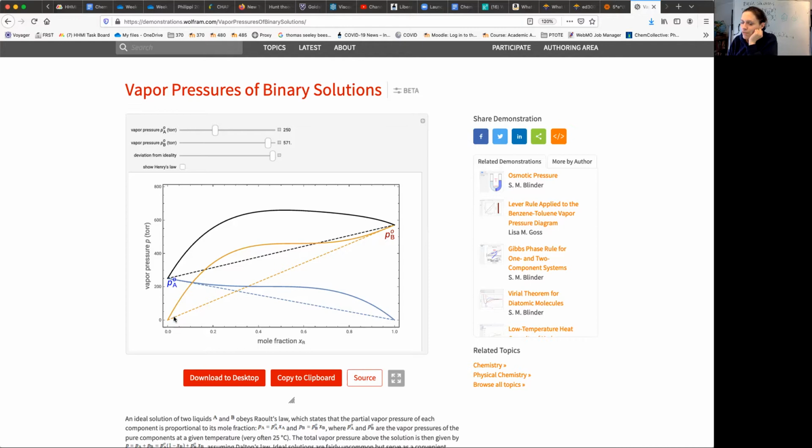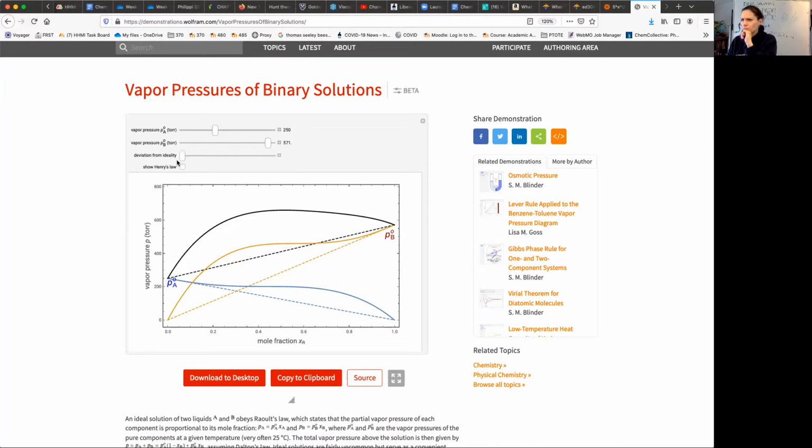The main part of the curvature happens more into the mixture. Okay, let's focus on this part first. This deviation is a deviation of ideality for Raoult's law, which is going to be looking at each of them as a solvent. Okay, so I can also go the other extreme.